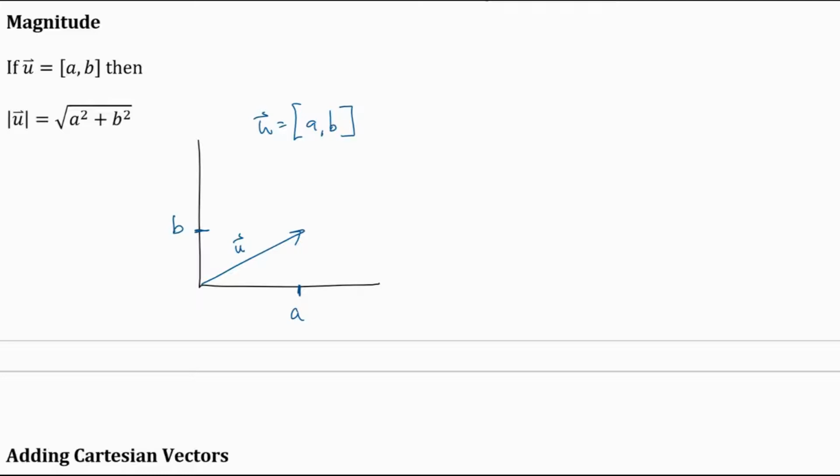And so if I think of this as a right triangle, it has a height of B and a length of A. And so I can use the Pythagorean theorem. And the magnitude of u becomes the square root of the horizontal component a squared plus vertical component b squared.